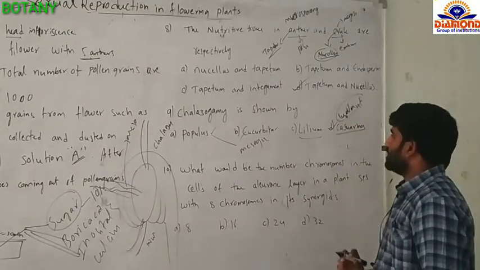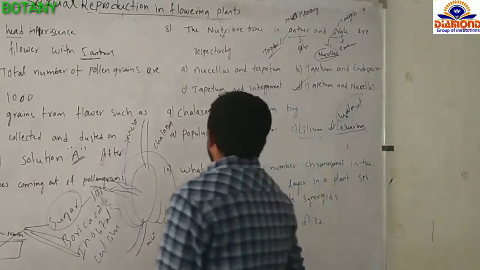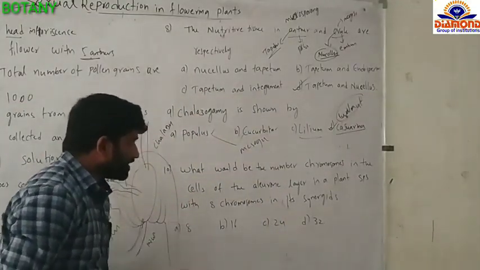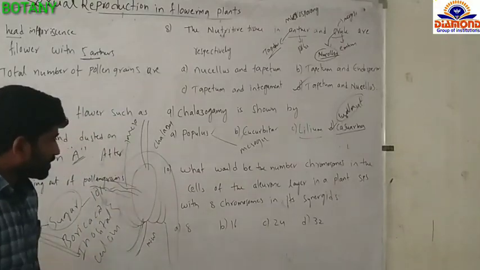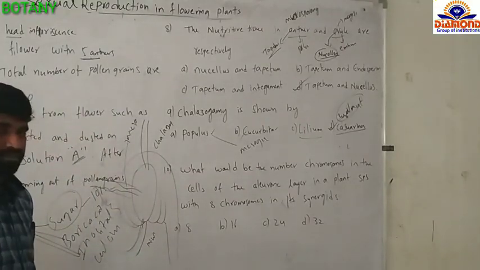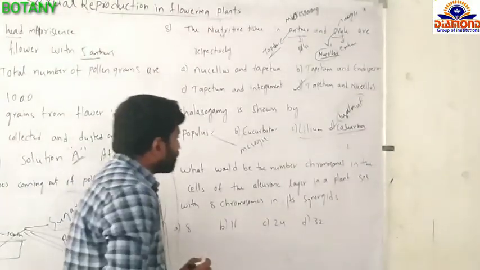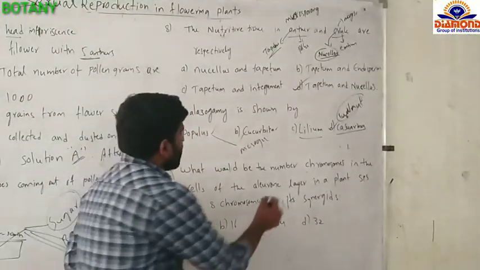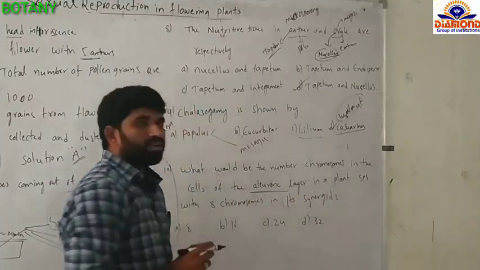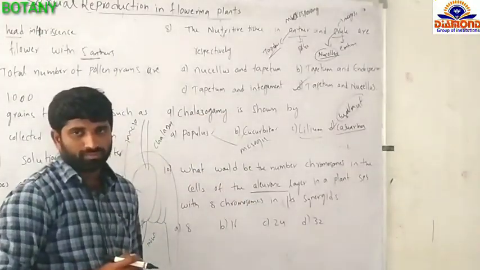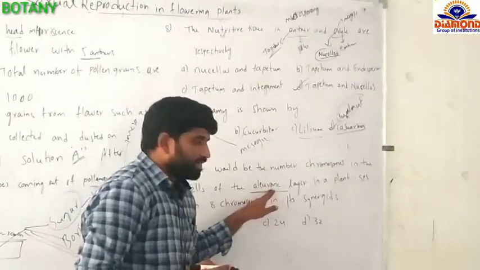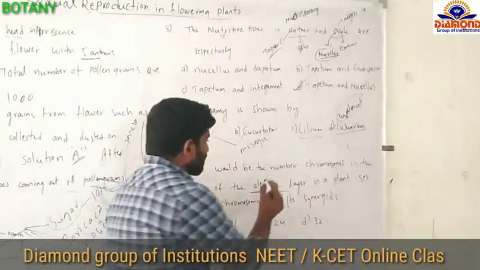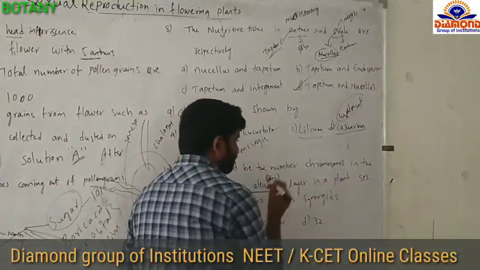Answer is D. Next one: what would be the number of chromosomes in the cell of the aleurone layer in a plant species with 8 chromosomes in its synergid? You have to estimate the number of chromosomes in the aleurone layer. The aleurone layer is on the surface of the endosperm. Endosperm is triploid, so the aleurone layer is also triploid.